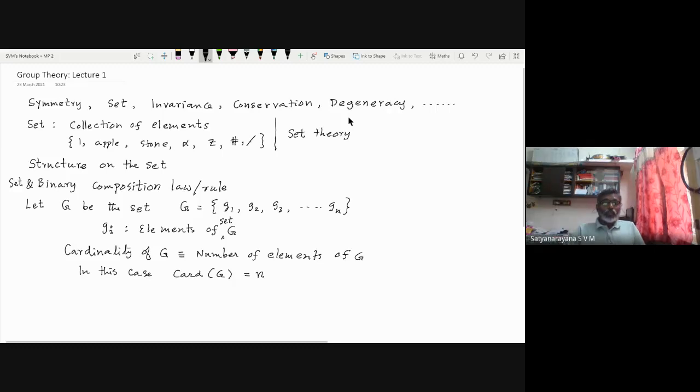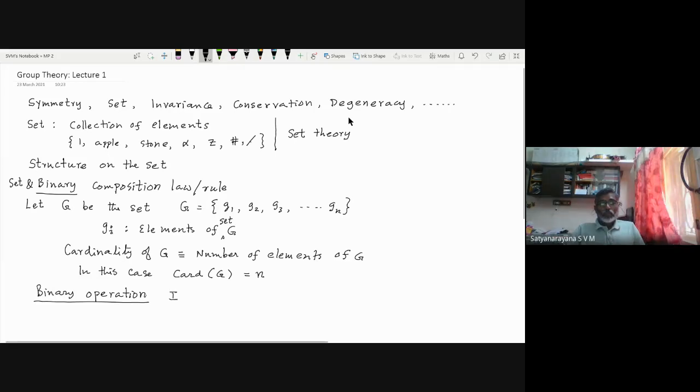Okay, now you have to define something called a binary composition law. Now, what do you mean by binary? Binary is something related with 2. Okay, so binary composition law, or sometimes we call it binary operation. Now, what is a binary operation?